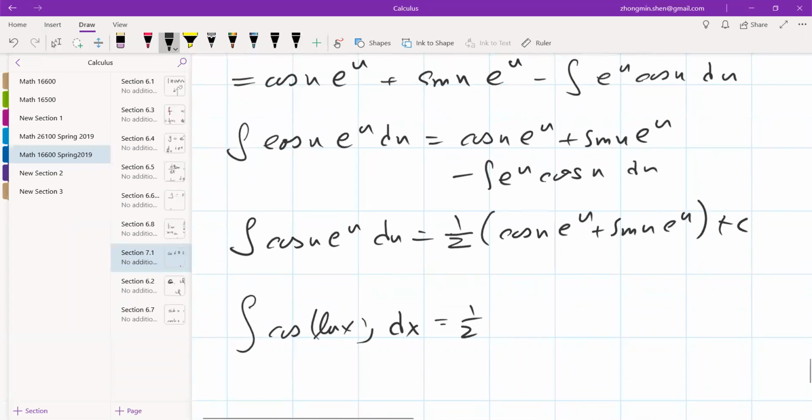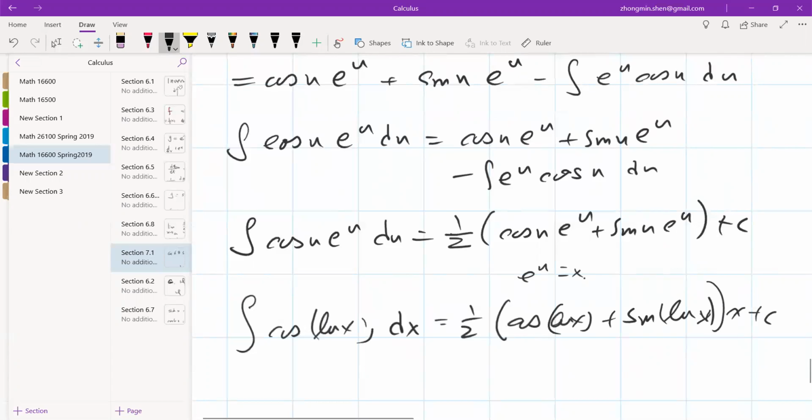So I think I just needed to put cosine natural log of x, and I have a sine natural log of x, but e to the u is just x, right? Yeah, e to the u is x, right? So you take e to the u out, and that's just x.